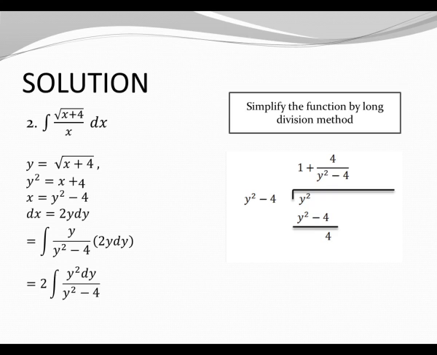So in order to simplify, we can use the long division method. We have y squared divided by y squared minus 4. For the division of polynomial by polynomial, we divide the first term of the dividend by the first term of the divisor to obtain the first term of the quotient. So this is just y squared divided by y squared, and that will be 1.